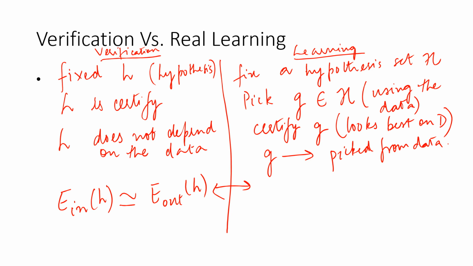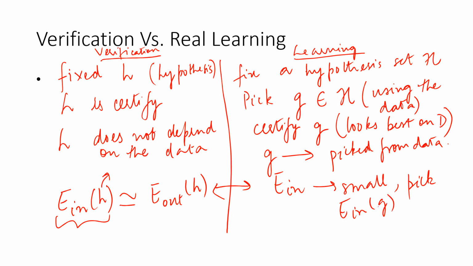Now, because we fixed this H before we calculated anything here, we actually have no control over E_in, the in-sample error, but we do have control over the in-sample error here in learning. And how is that? That's because we eventually picked our G, our final hypothesis, based on the value of E_in, right? If E_in was small, we picked E_in of G. This is what learning means, right?